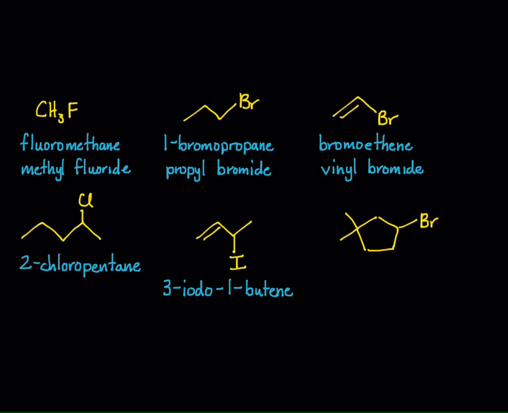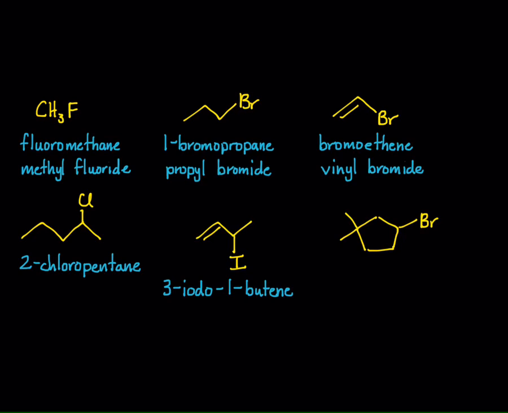I can also do cycloalkyl halides. So in this particular example, again, bromine is a substituent. It doesn't take any precedence between alkyl groups and halogens, so you simply name it and number it according to the lowest possible number around the ring.